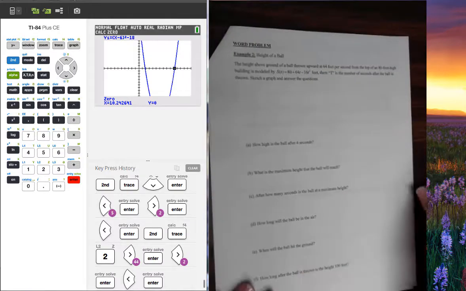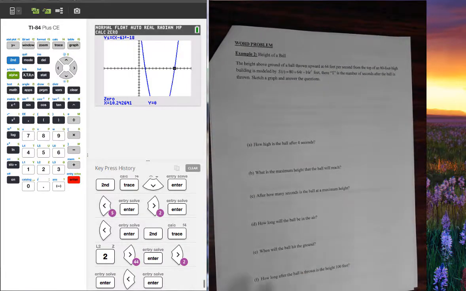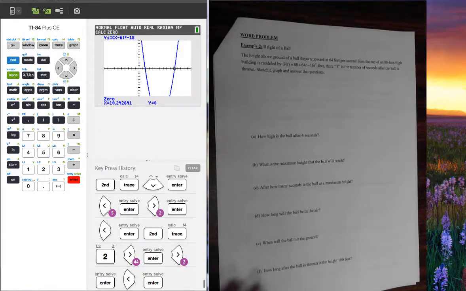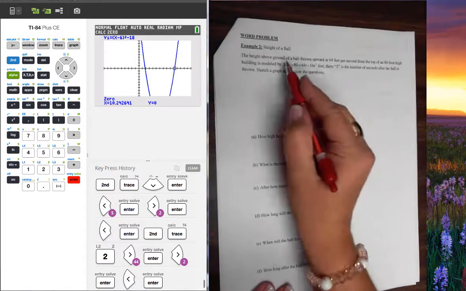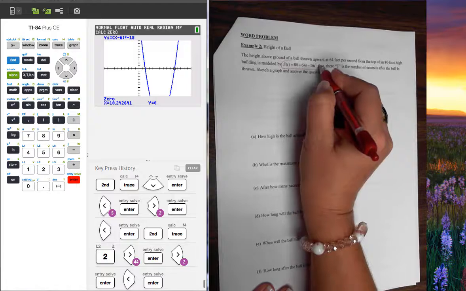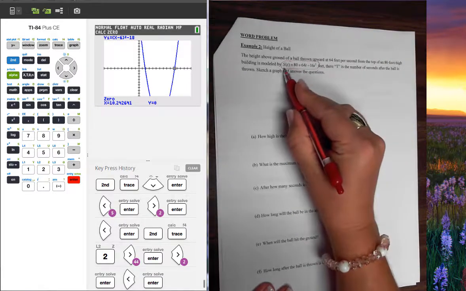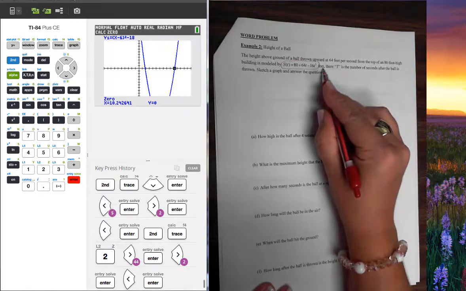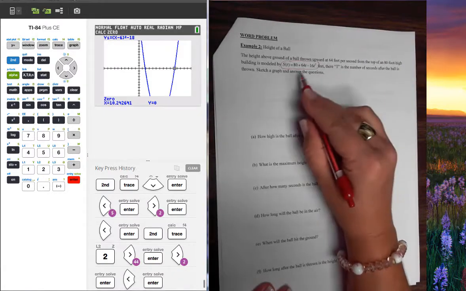Next question. Word problem, height of a ball. Let's look at our formula. S represents the height of this ball in feet. T is the number of seconds after the ball is thrown.